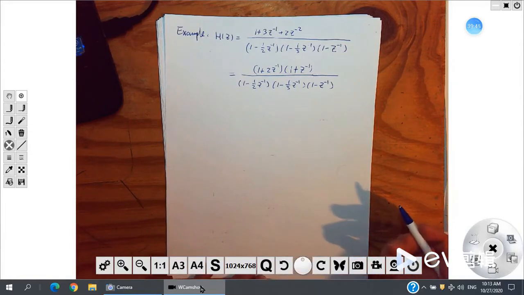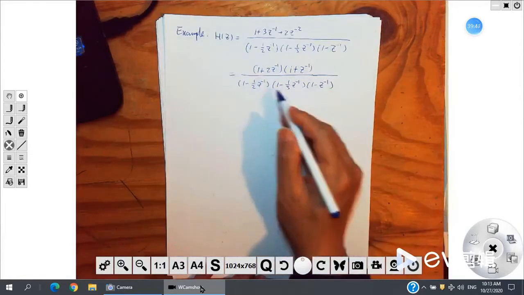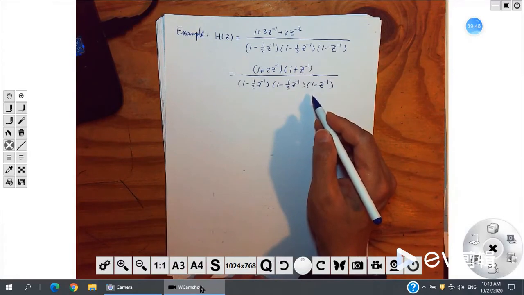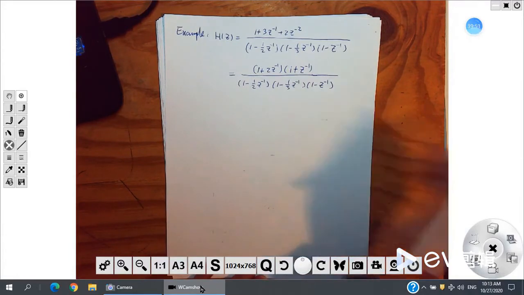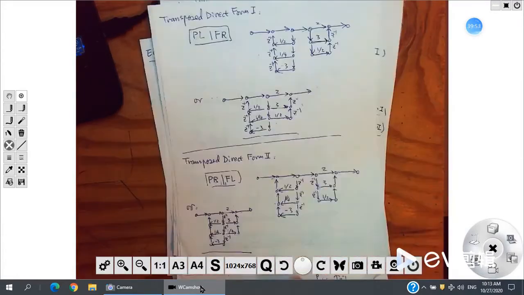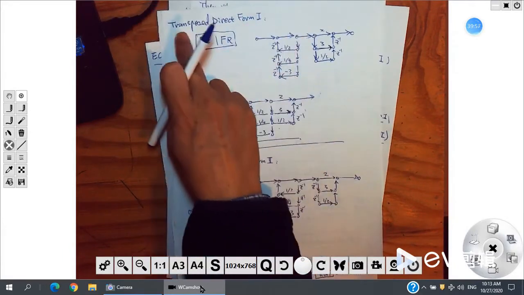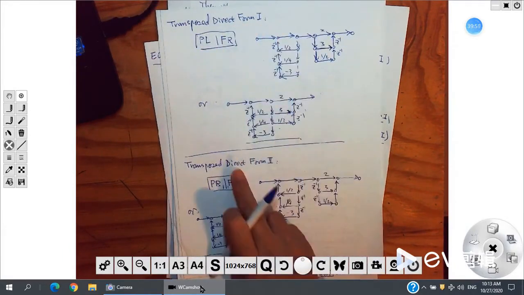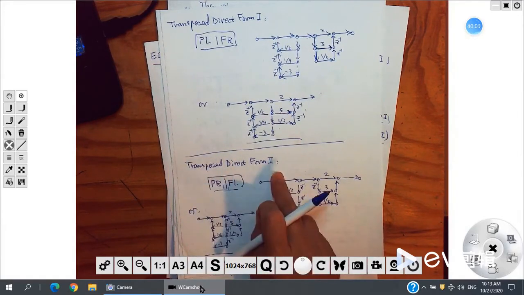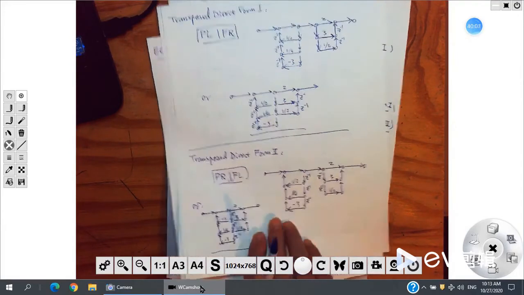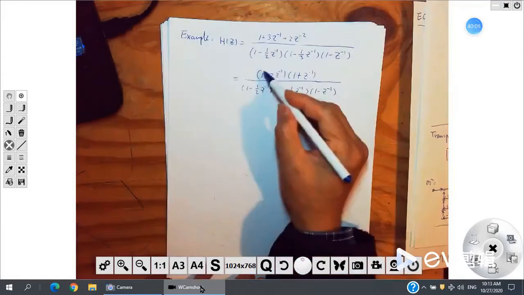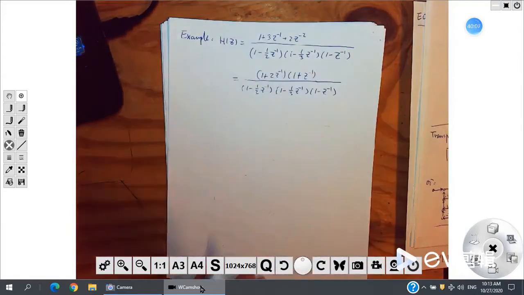The first one, of course, you can give the structure overall. Use either of those 4 different types: direct form 1, transpose direct form 1, or direct form 2, or transpose direct form 2. So we have 4 different ways, right? So we can give the structure using either one.